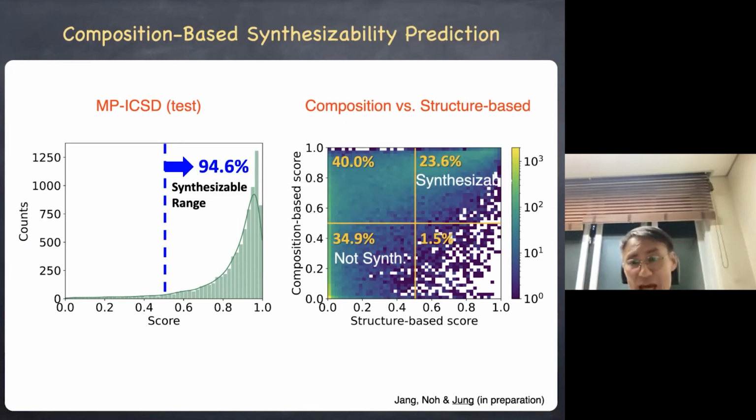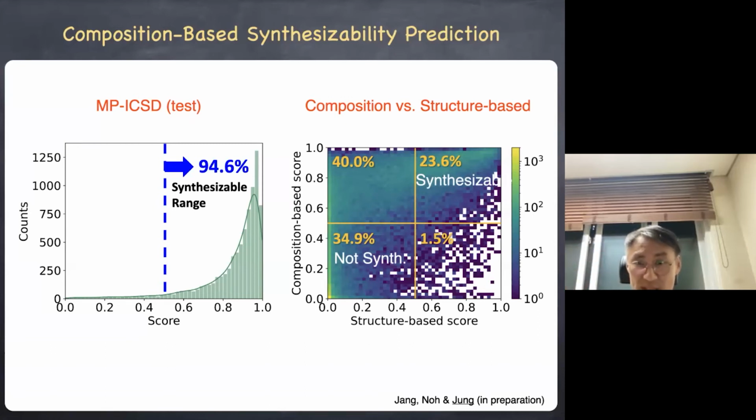Now, since we have the synthesizability prediction models for structure-based and composition-based, we can compare them. And we found an interesting relationship between the two. These diagonal parts are the parts where both predictions are mutually consistent. But these off-diagonal parts are where both predictions are mutually inconsistent.